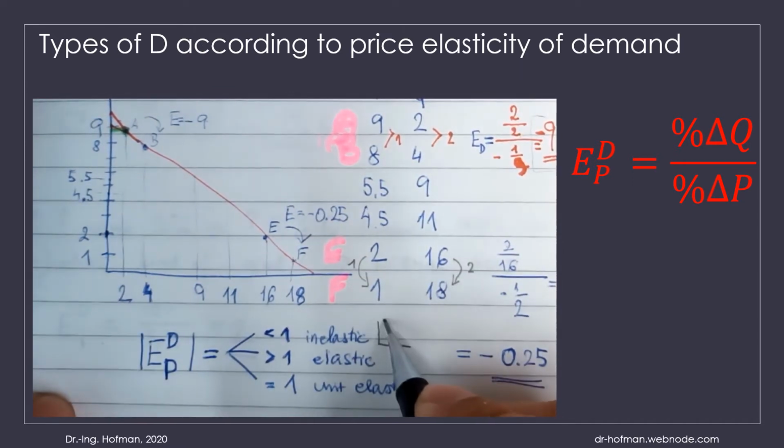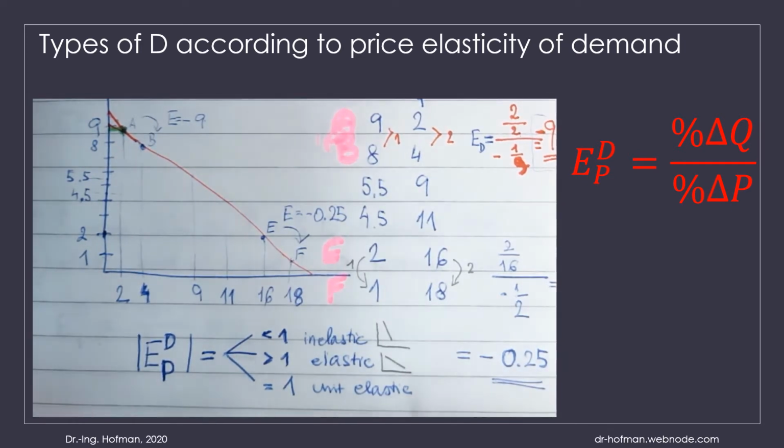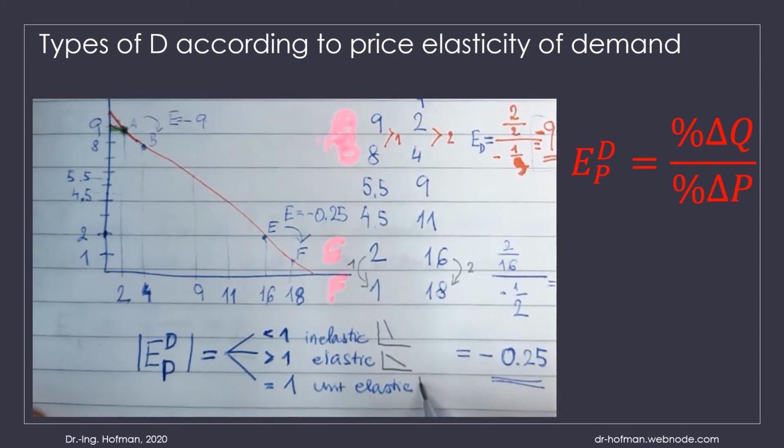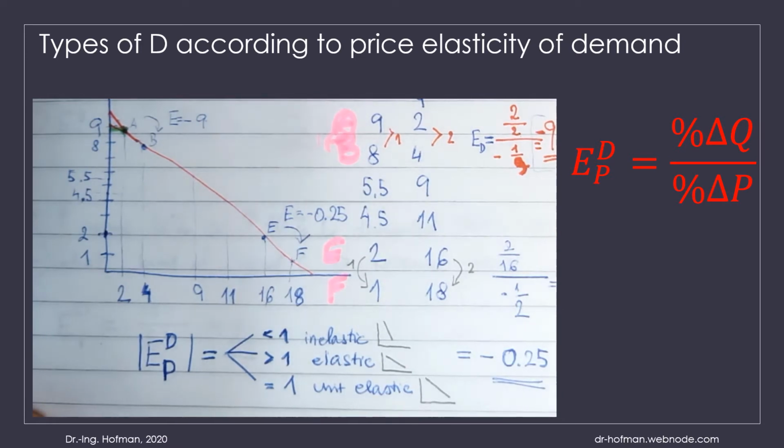We can say the slope is like that, relatively inelastic. Elastic or relatively elastic, the slope is like that. And unit elastic, the curve looks like that.